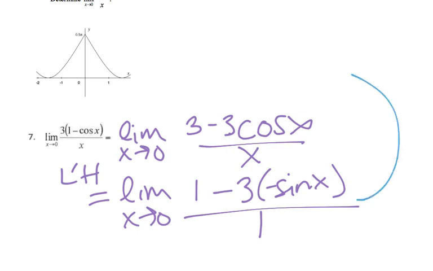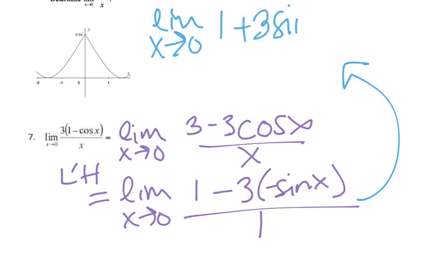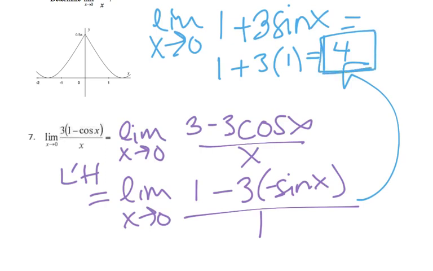So this becomes the limit, as x goes to 0, of 1 plus 3 times sine of x. When we plug in 0 there, we get 1 plus 3 times sine of 0, and sine of 0 is 0. So the answer here is 4. The limit is 4. L'Hopital's rule made that pretty quick and efficient.